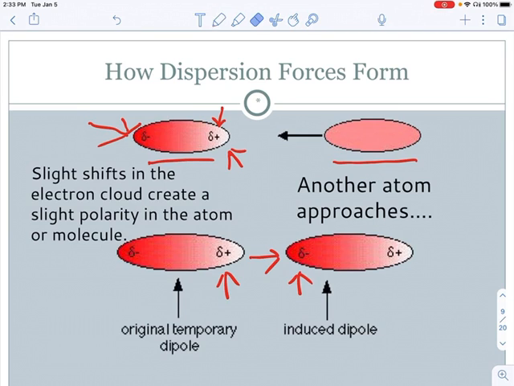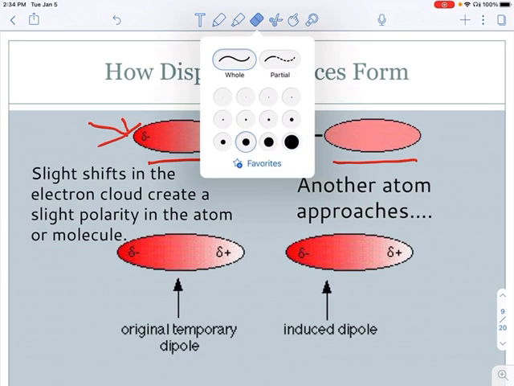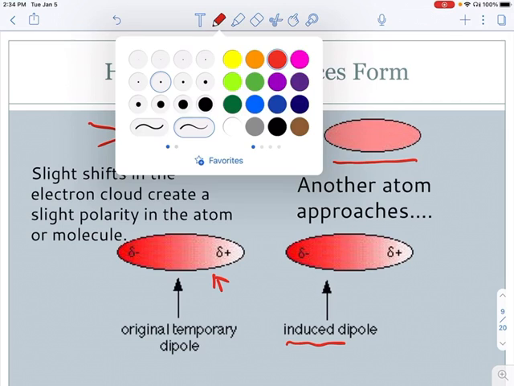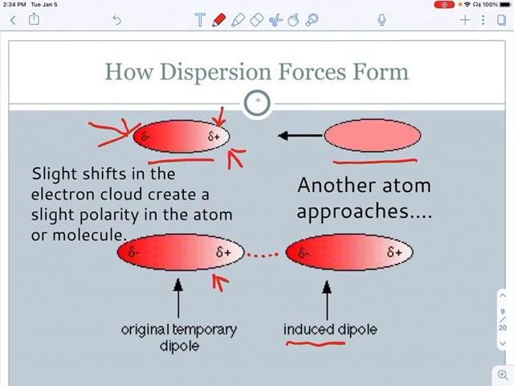And now, because we have partial negatives and partial positives, we have a force of attraction. The original dipole was our temporary dipole, and then the other one we call an induced dipole, just because it was a dipole created by this neighboring molecule. But both of these dipoles are temporary and instantaneous, and they result in a force of attraction that we call a dispersion force.